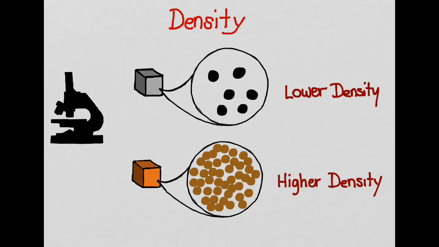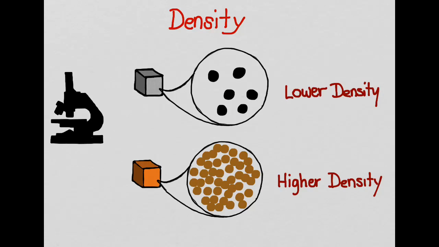So let's say you have two different objects and you look into a microscope and you look at the particles inside each of the objects. You see that one of the cubes has lots of particles and one has fewer particles. The one that has more particles is more dense than the other one. It's higher density material than the other object.